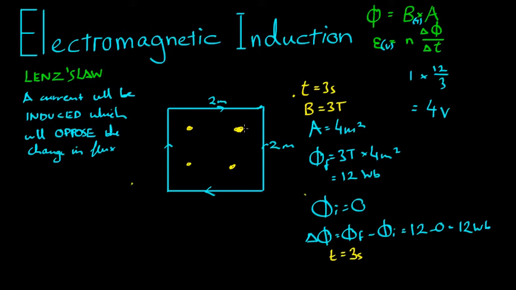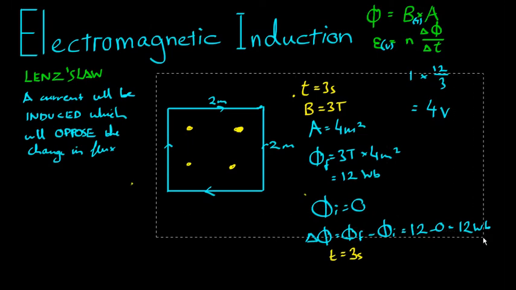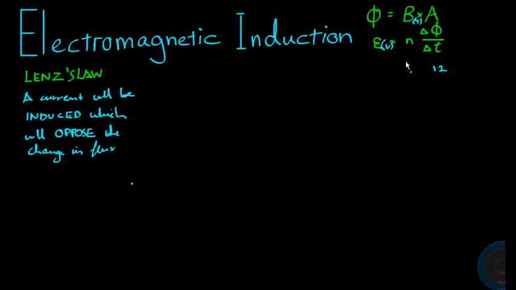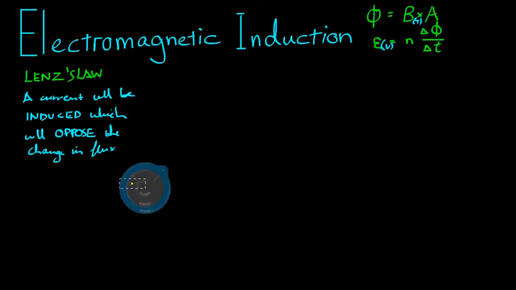Let's try another example. Sometimes the magnetic field doesn't have to change and the area doesn't have to change, but the orientation of the loop does change. So we'll have a look at that.